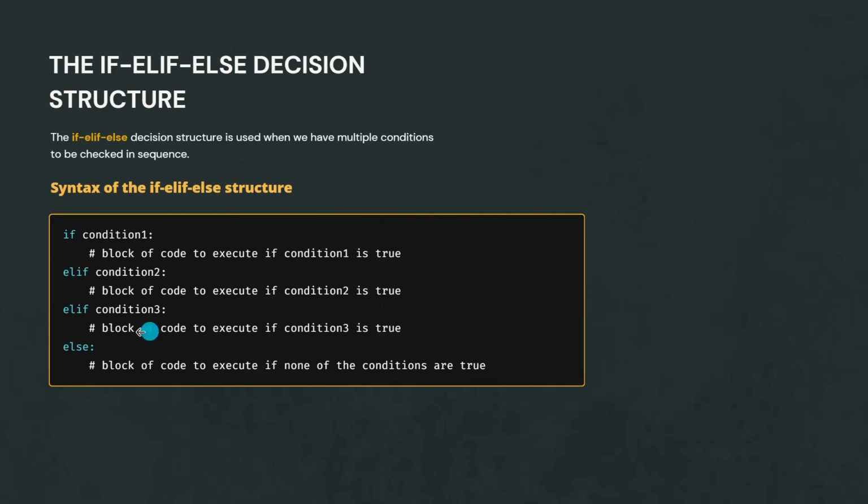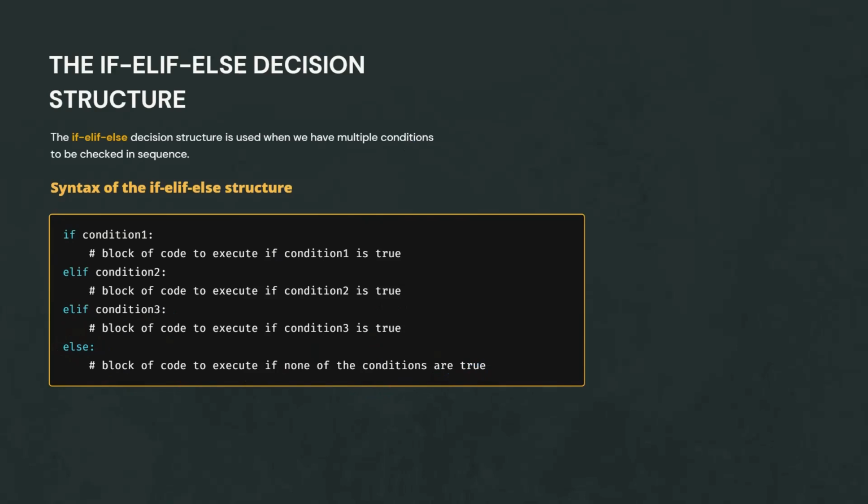And finally, it will print this block. If none of those conditions are true, then it will go to the else block and print this line. It's pretty neat. Python goes step by step until something matches. If nothing matches, then it will execute this block.